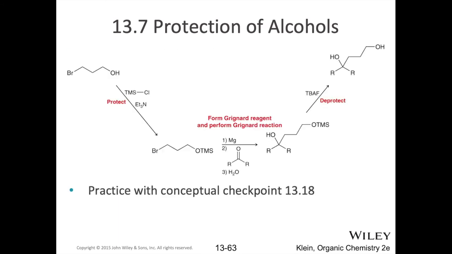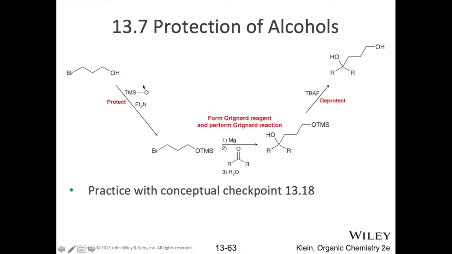So to run through the whole process here, if you have that alcohol group that you don't want to react with your Grignard reagent, you protect it using TMS chloride and an amine, like triethylamine here, and that swaps out that hydrogen for that TMS group, as you can see here.